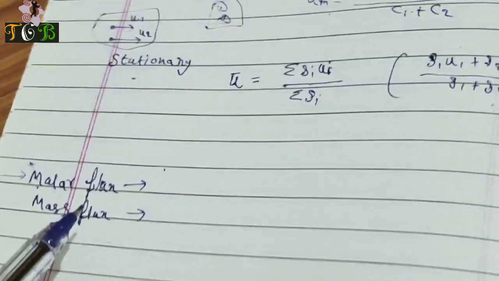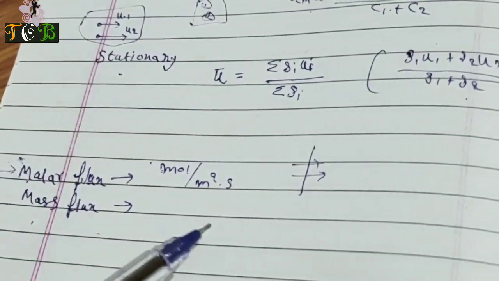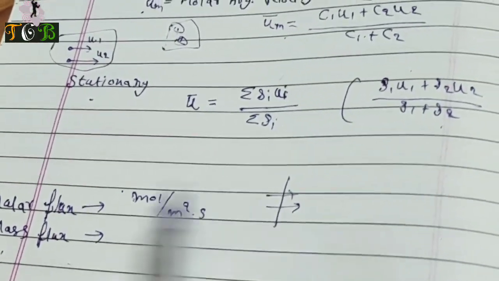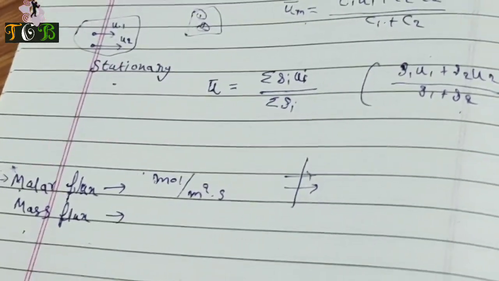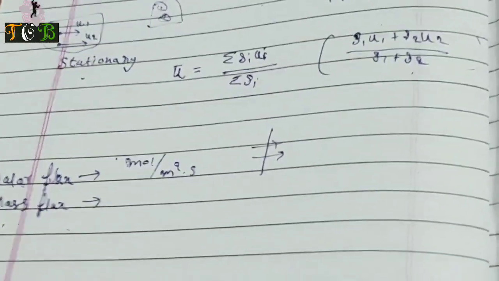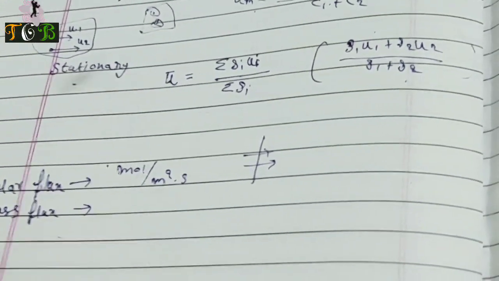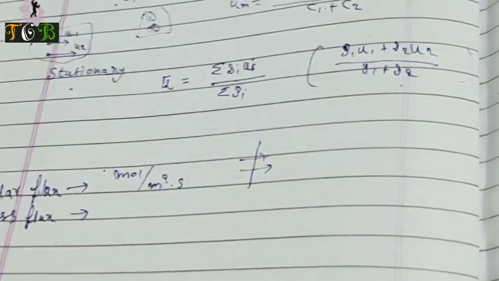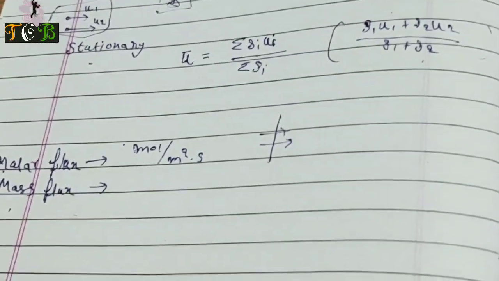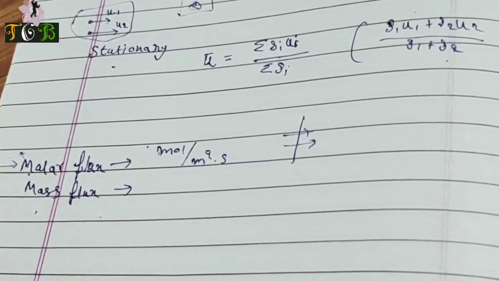For molar flux, it is mole per meter square second, which means per meter square area per second, how many moles of this component are being transferred. If component A has a flux of 2 mole per meter square per second, that means per meter square area 2 moles are being transferred. And similarly for mass flux.